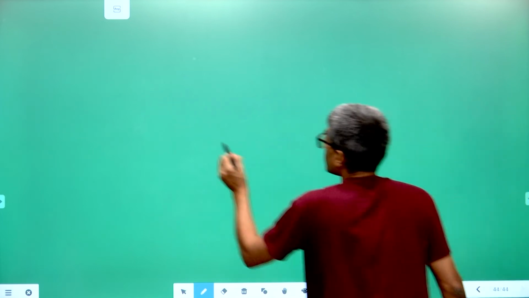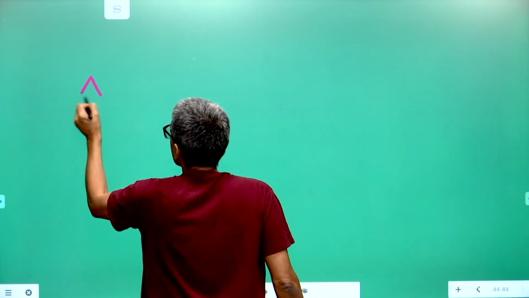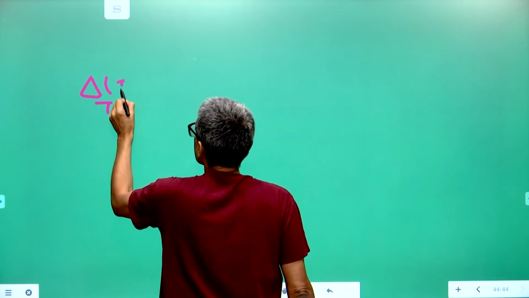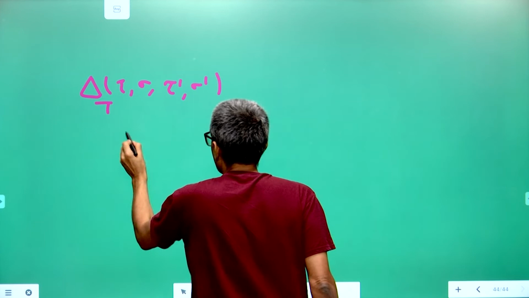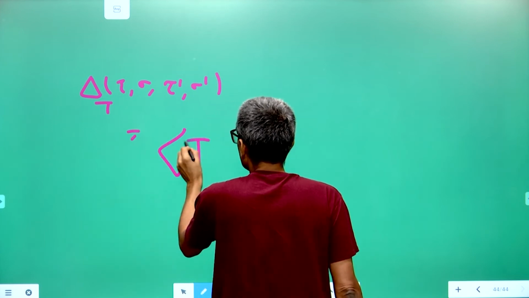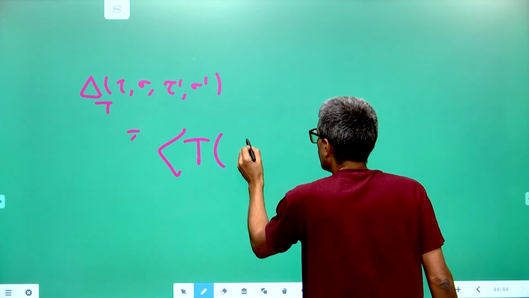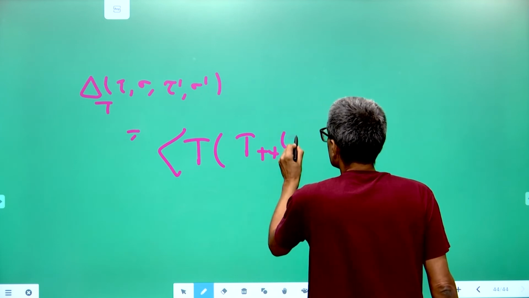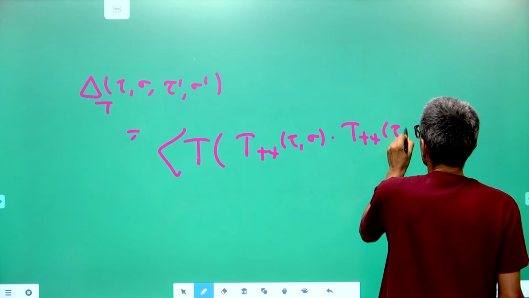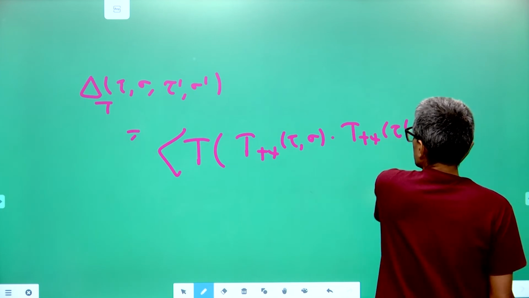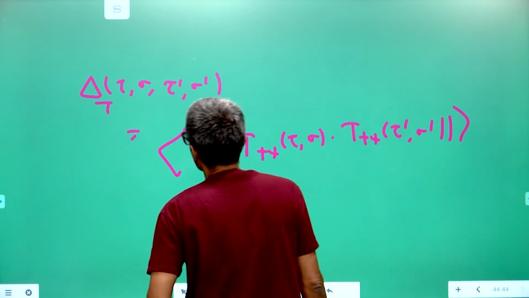So in other words, if you look at the energy momentum tensor propagator, you compute it as T_{++}(τ,σ) multiplied by T_{++}(τ',σ').